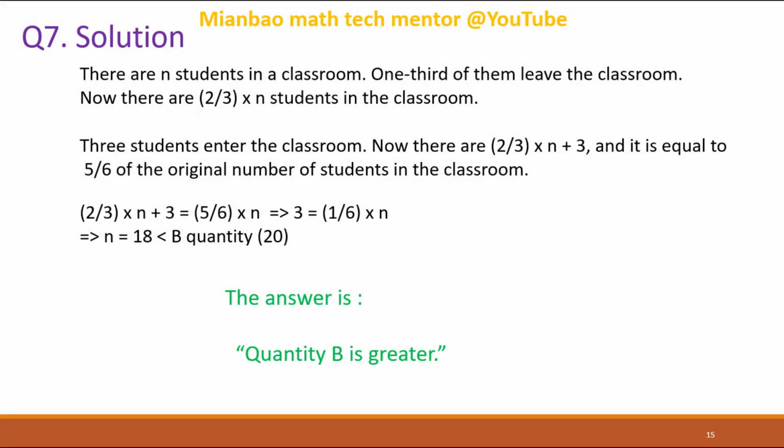Now there are 2/3 times n students in the classroom. 3 students enter the classroom. Now there are 2/3 times n, plus 3, and it is equal to 5/6 of the original number of students in the classroom. After calculations, we have n equal to 18, which is less than 20 of quantity B. The answer is quantity B is greater.